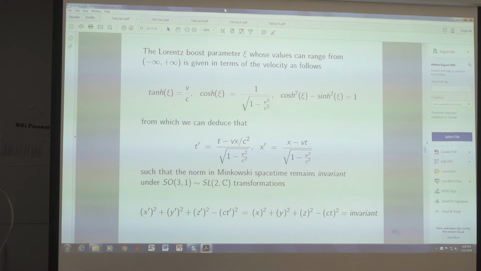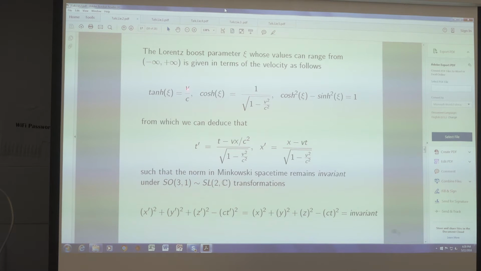Yes. Yeah, okay. So just as a reminder, the Lorentz boost parameter can take values from -infinity to +infinity. Remember when you took relativity, the velocity can be positive or negative. You could move along the positive direction or along the negative direction. Remember that we can never attain the speed of light.